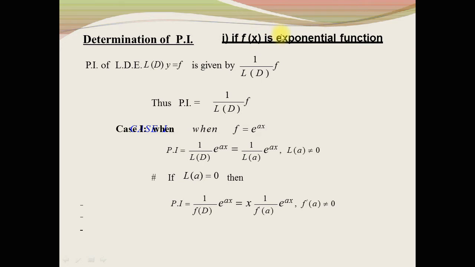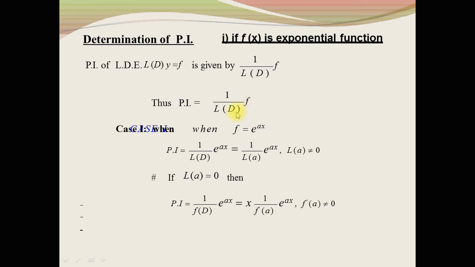So f of x can take different forms. The particular integral of the linear differential equation L of D into y equals f is given by 1 over L of D into f. Now the particular integral is 1 over L of D into f, where this f function lies on the right hand side.